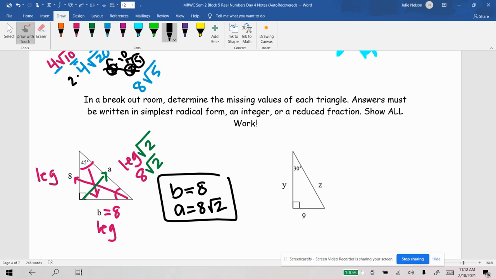What do we know about a 30, 60, 90 degree triangle? Well, across the 30 degrees, that's the shortest side. So the shortest side is 9. Across the 90 degrees, that is always 2 times the shortest side.